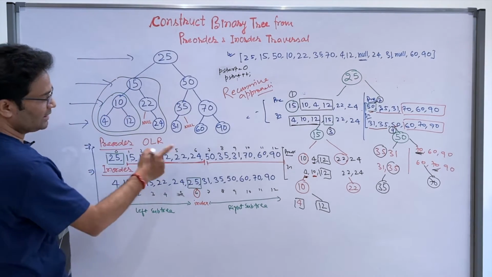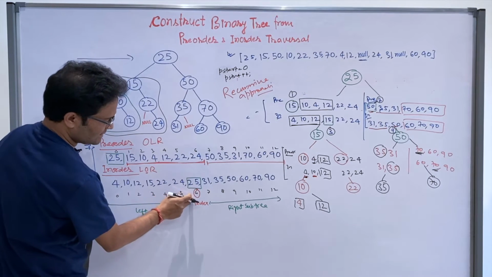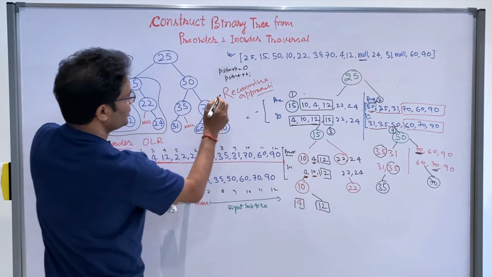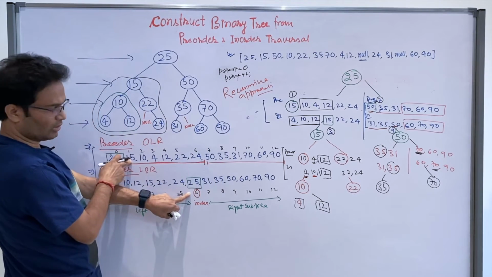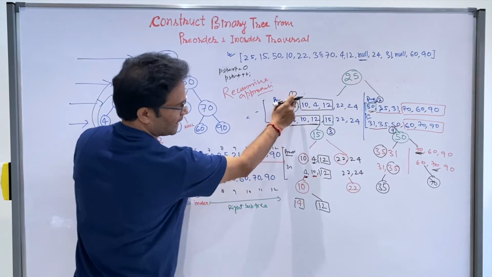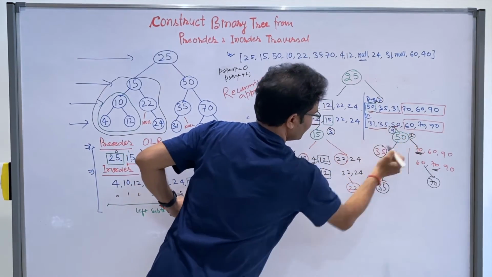But how can you get the root of the right side? For that, what is the index? Index is 6. Next time your p start is the 1, right? If you see here, your p start is the 1. And for this, 50 is the 7, right?